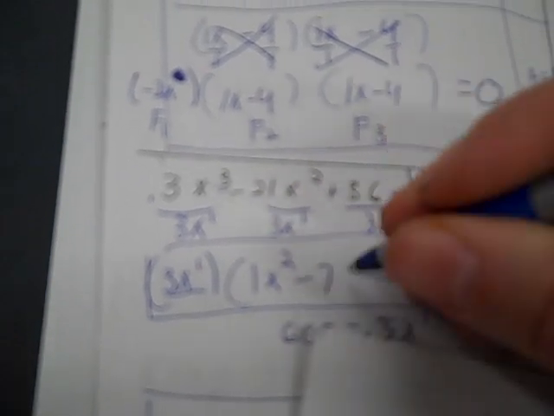So 3x to the first needs to be factored out, and then I go divide by 3x to the first. Okay, so 3 divided by 3 is 1. Now on x here, I'm taking 3 minus 1, which is still 2, and then minus 7, and then 2 minus 1 is 1, and then plus 12. 36 divided by 3 is positive 12, and those can always be crossed out.